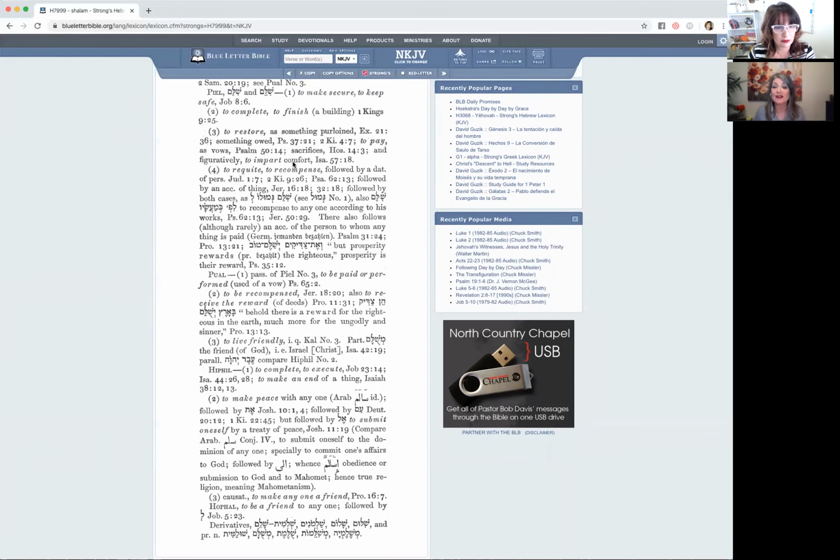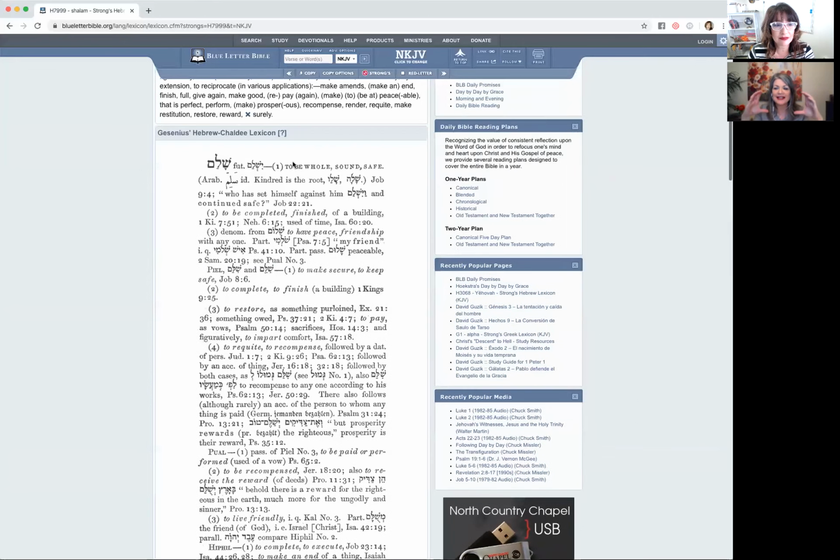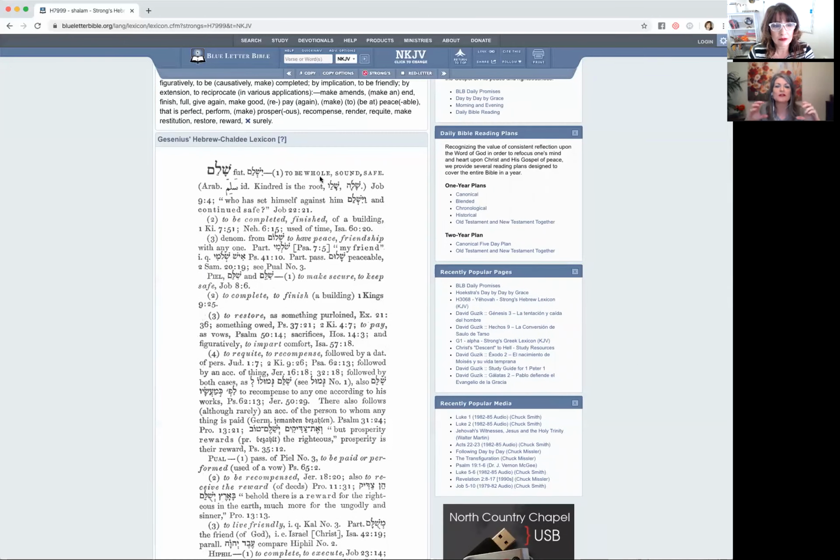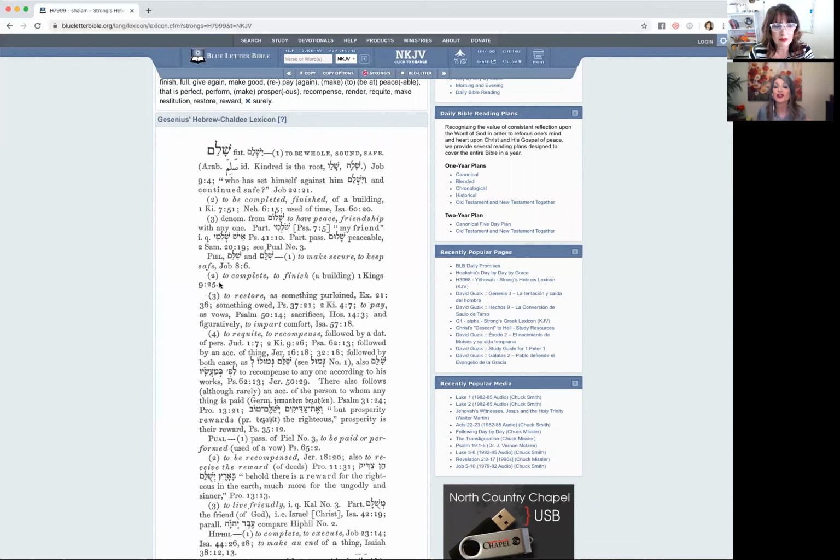It's going to give you a lot of flavoring. I talked before about the main words being like the cake that's baked. To be whole, that's the cake that's baked. To be whole, to be sound, to be safe. The flavoring of that cake, the icing on that cake, is going to be finished, to be completed, to make secure.